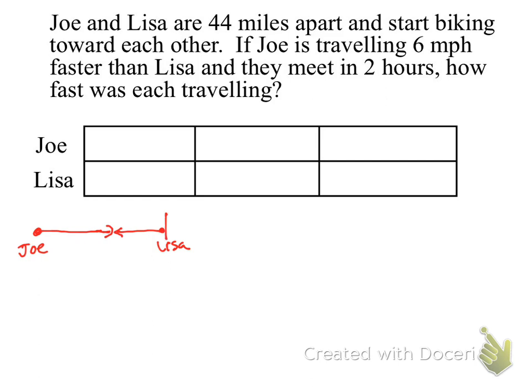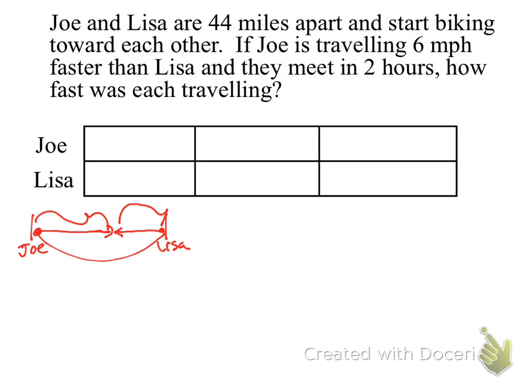It says they're biking toward each other. So I'm drawing what that says. So I get an idea, because I'm going to have distance 1 plus distance 2 equals the total distance, right?